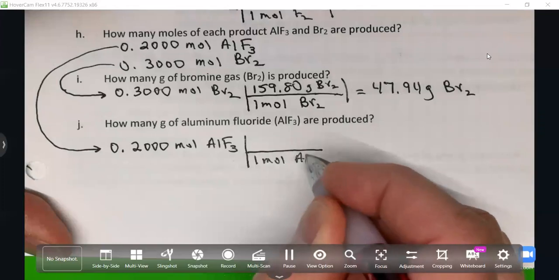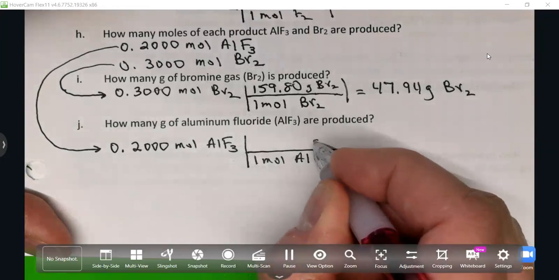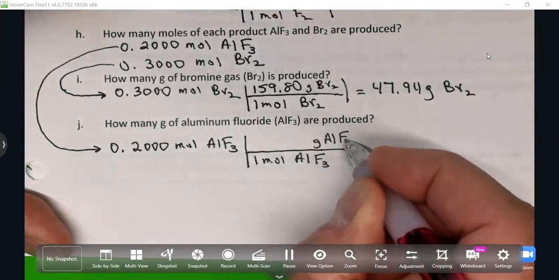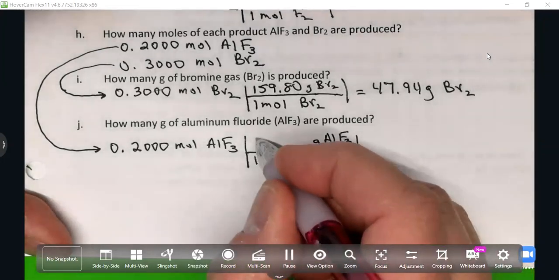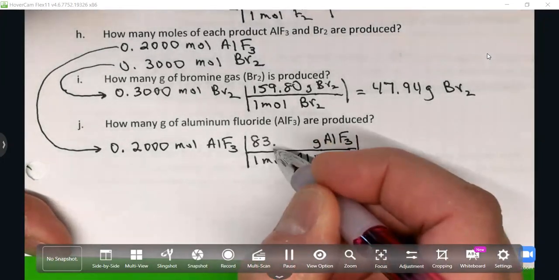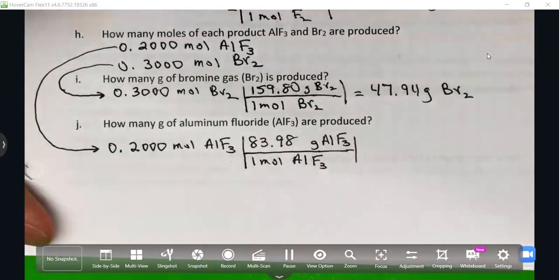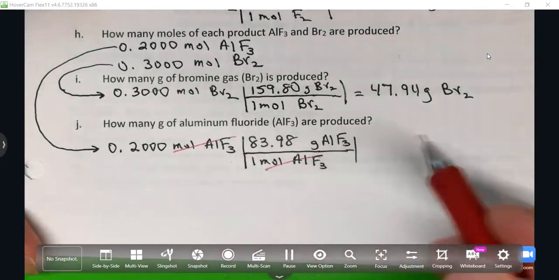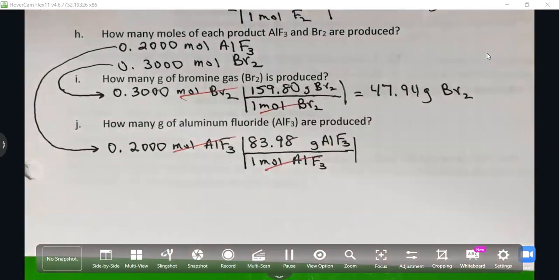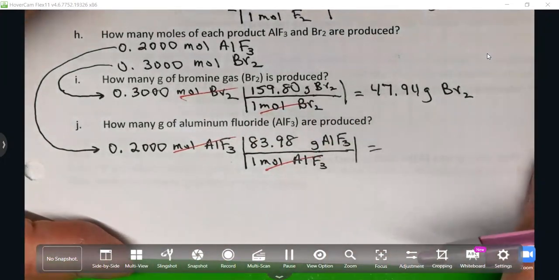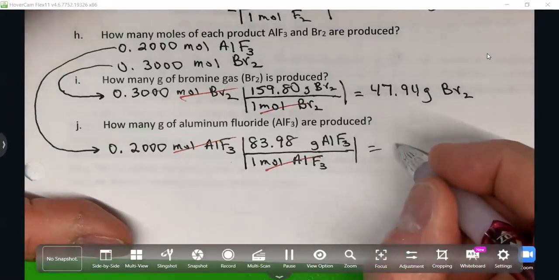One mole of aluminum fluoride, how many grams? 83.98. Yeah. The moles cancel out. And 16.80.